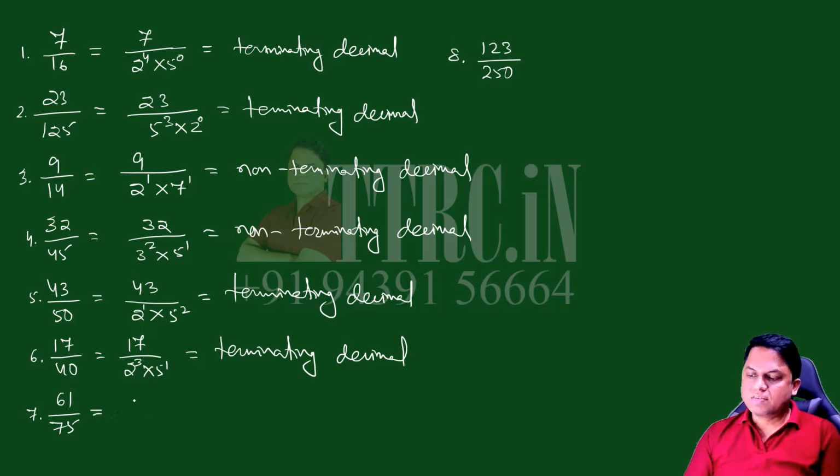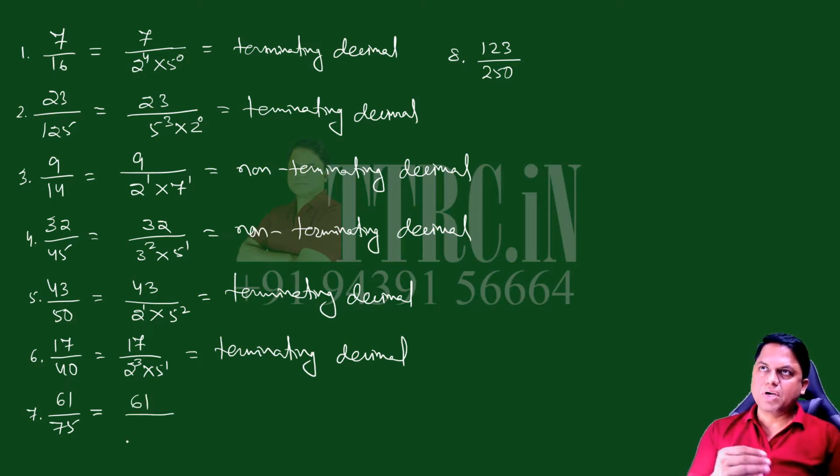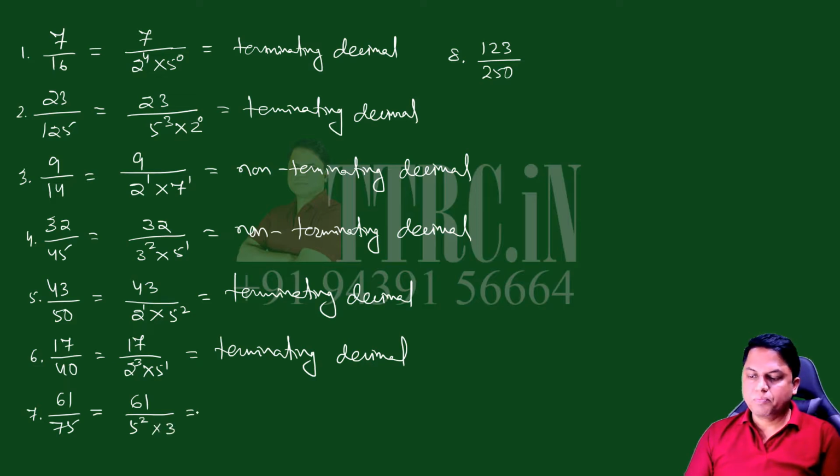The next one, 75. So 5 times 5 is 25, 3 times 25 is 75, right? So again it is 5 to the power 2 multiplied by 3. So we have 3 as a factor of the denominator, so this number is a non-terminating decimal.